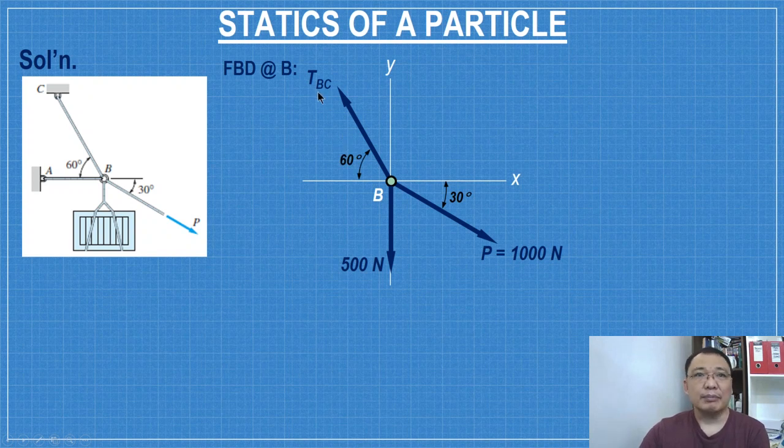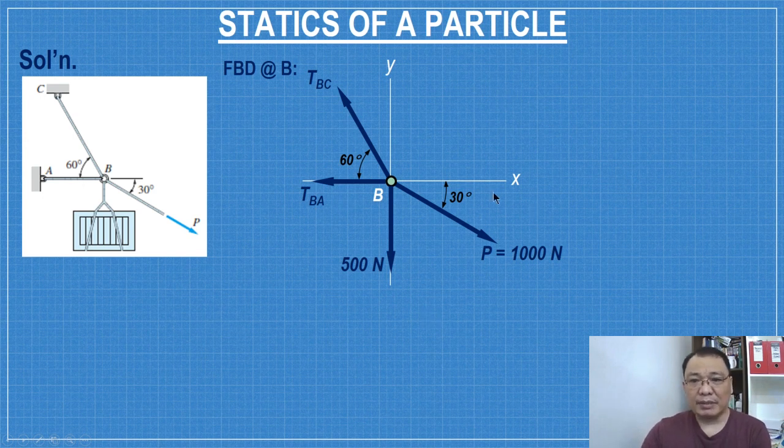But if you're not sure, you can just assume tension, and if it turns out negative, then it is compression. But a cable is always in tension, since a cable cannot be designed for compression. And then TBA or TEB, it depends. Usually, at B, it goes from B to A, TBA. Same thing, no?